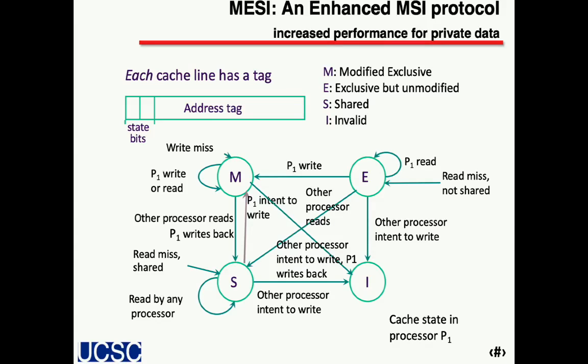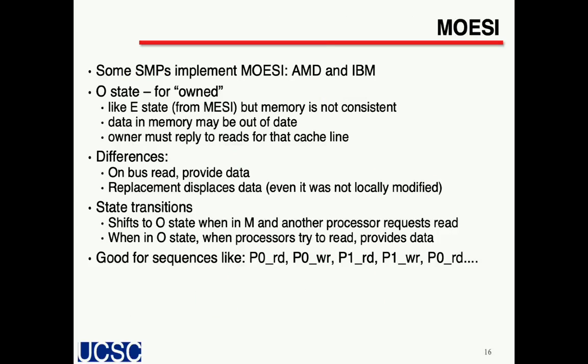OK, so we've talked about MESI so far. The most common additional state people have is something called O, for owned, going back to the other thing we were just talking about. This O state means that you have a copy, and it may be different than what's in memory.